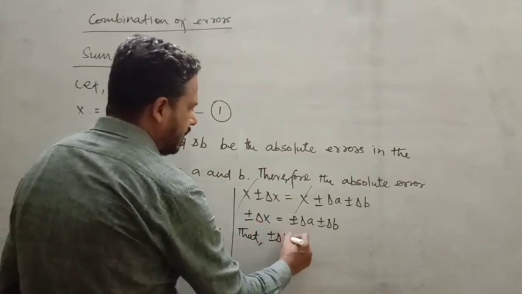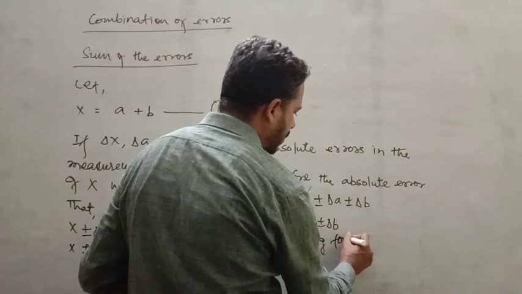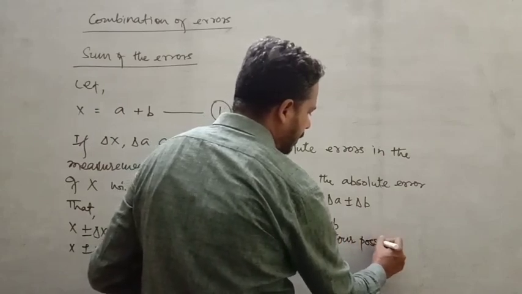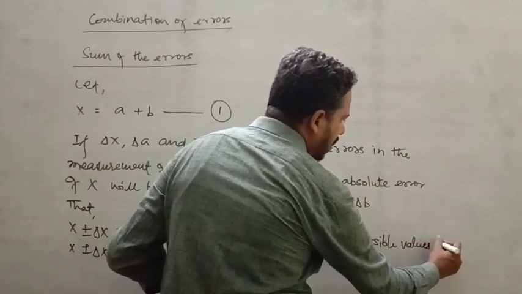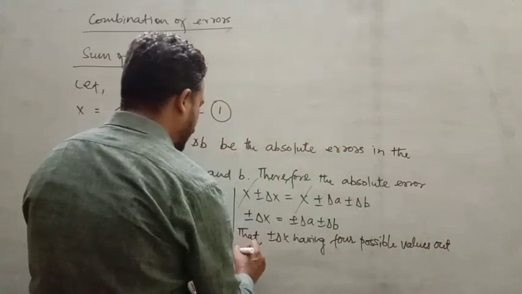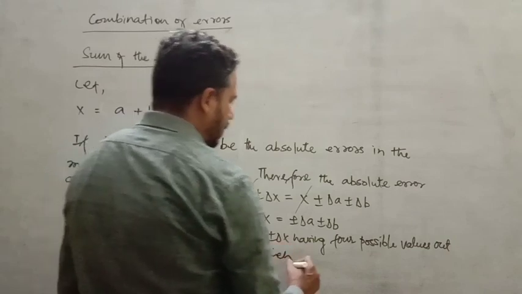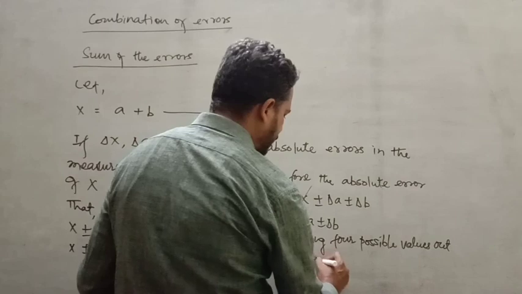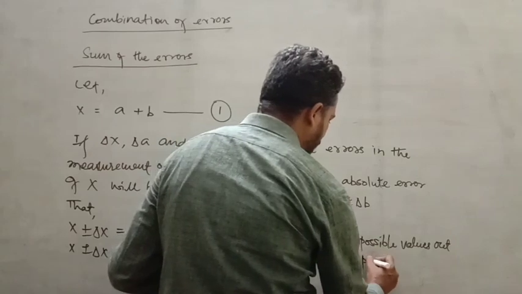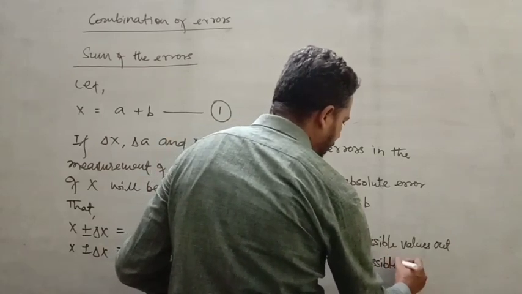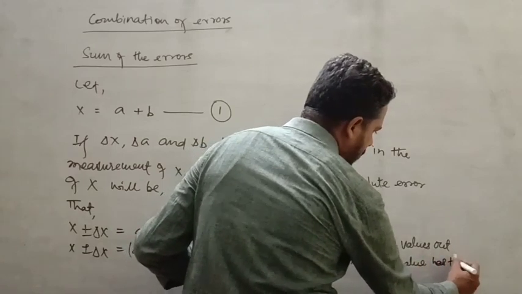So simply write down that plus minus delta x having 4 possible values, out of which maximum possible value has to be taken.